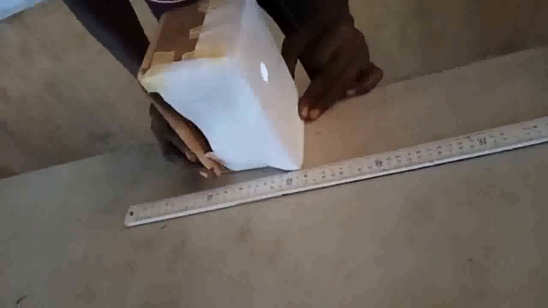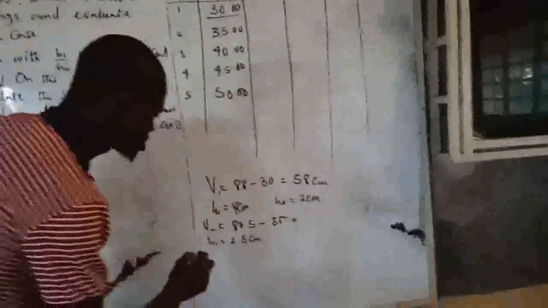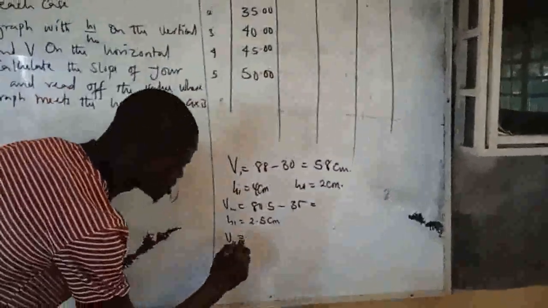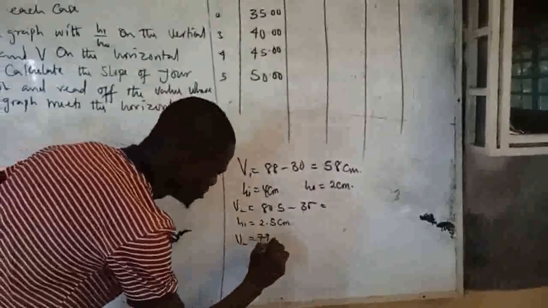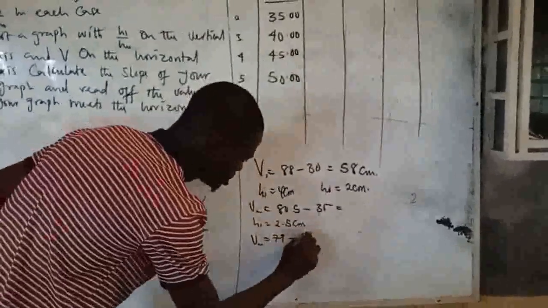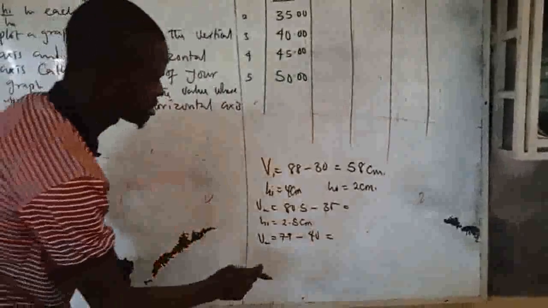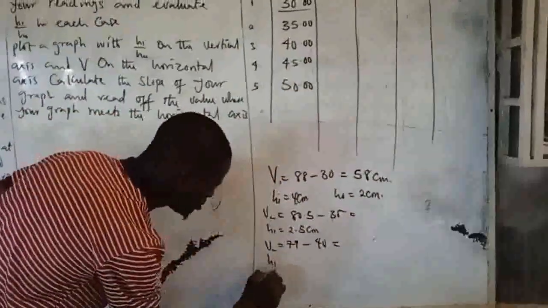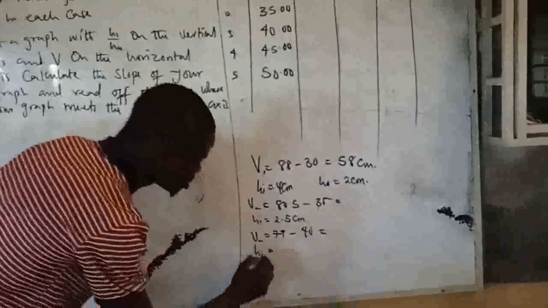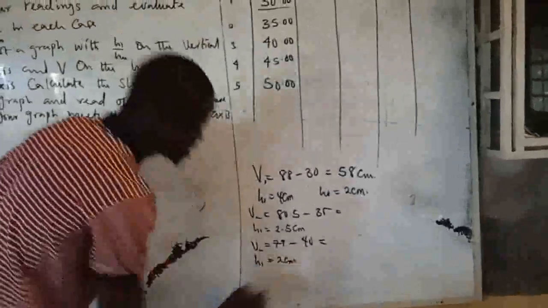I have my sharpest image at this point, which is 79 centimeter. I have the height of the image equal to 2.0 centimeter. The image distance V2 equals 79 minus 40 centimeter, we're going to look for that. Now, the height of the image by then is equal to 2 centimeter.